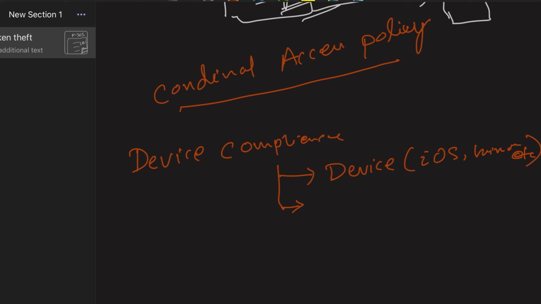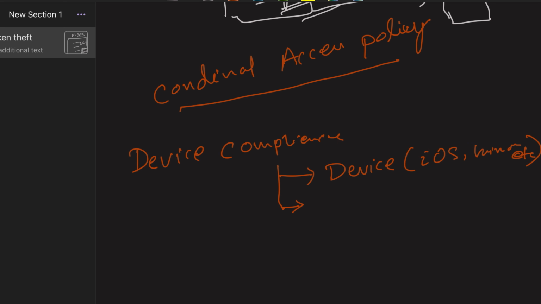There are a lot of different settings in the conditional access policy, but for an interview you can mention 2-3 things, and that is sufficient. Whoever is taking the interview will get that at least you know the concept.